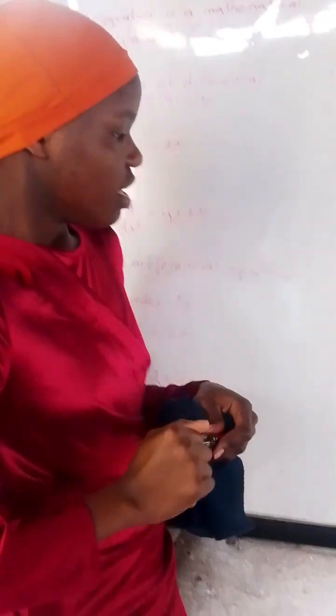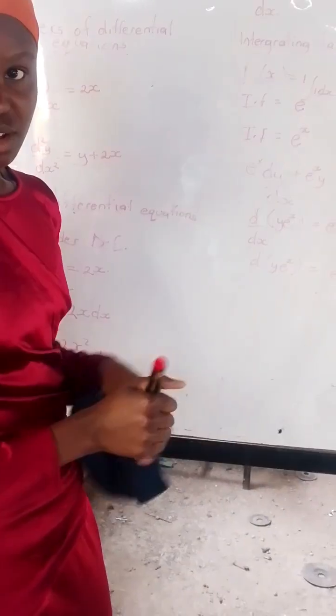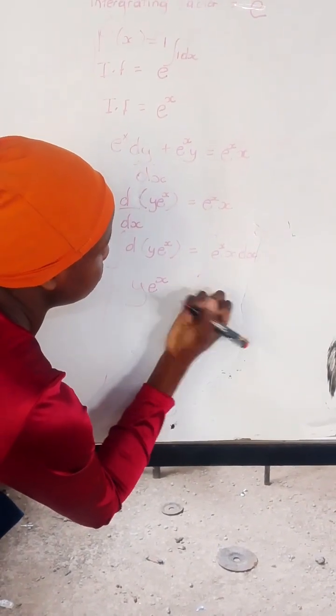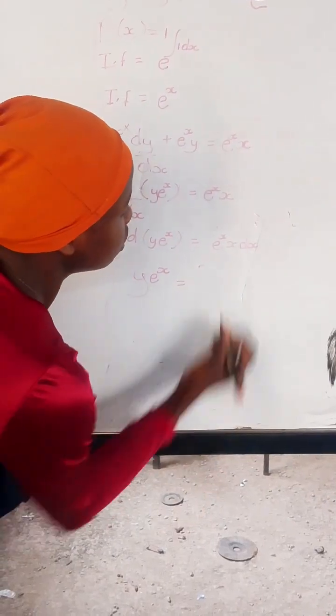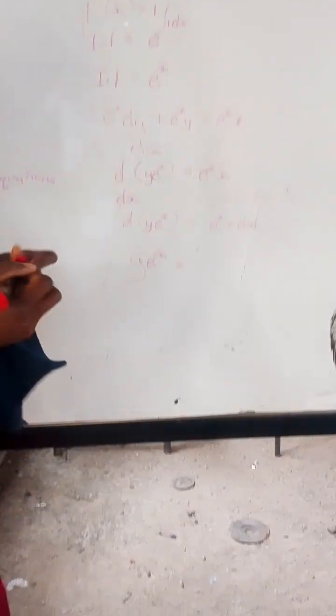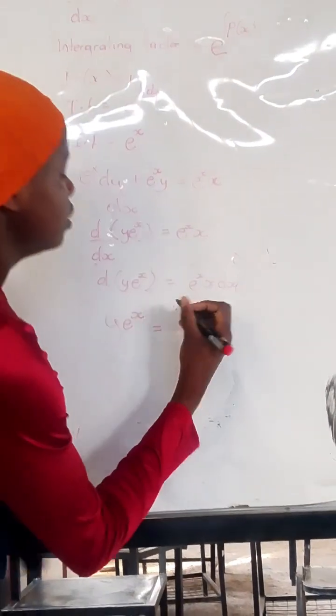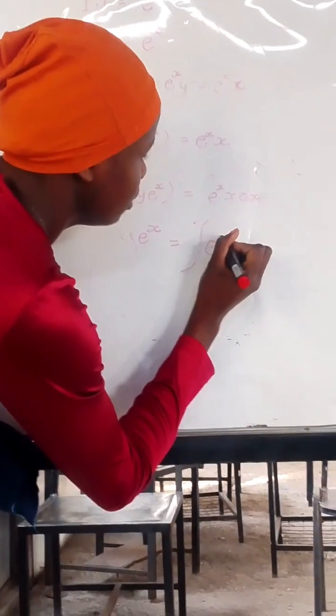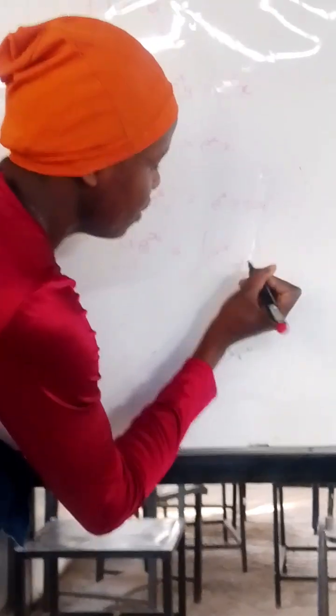If we integrate this, we are going to remain with y e^x equaling, this one shall remain the same, integral e power x times x dx.